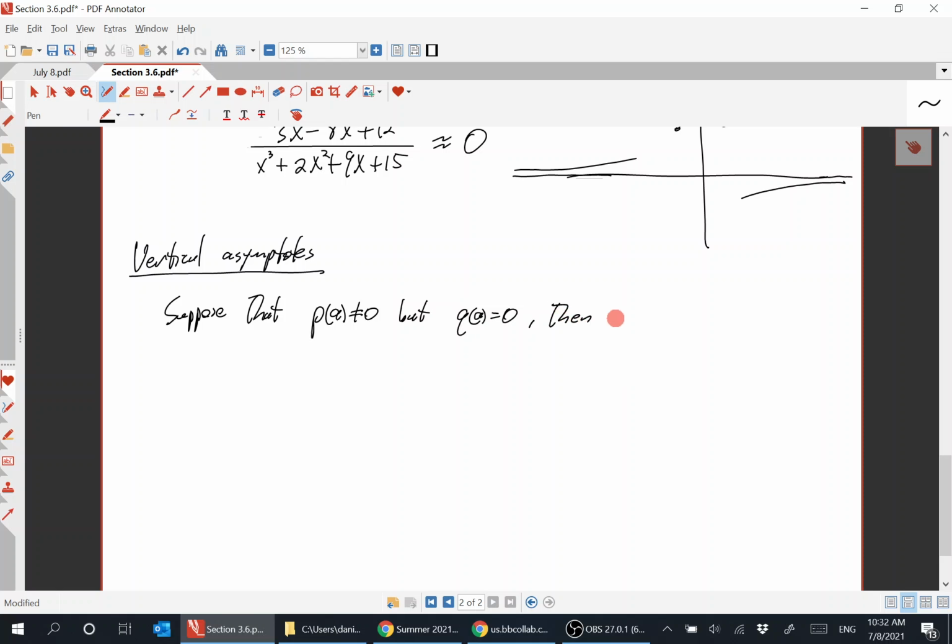Then for x very, very close to a, p of x over q of x is close to, well, the numerator is close to p of a, and down here, it's close to q of a, which is 0, so very close to 0.